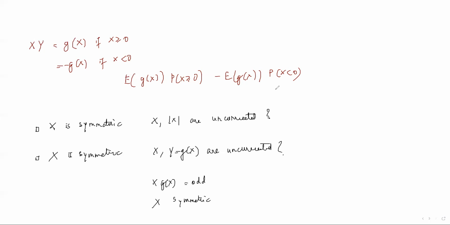So it gives you an idea that x and y can be dependent, and yet they can be uncorrelated. The geometrical idea is very simple: x and mod x. If you plot x and mod x, it is this.